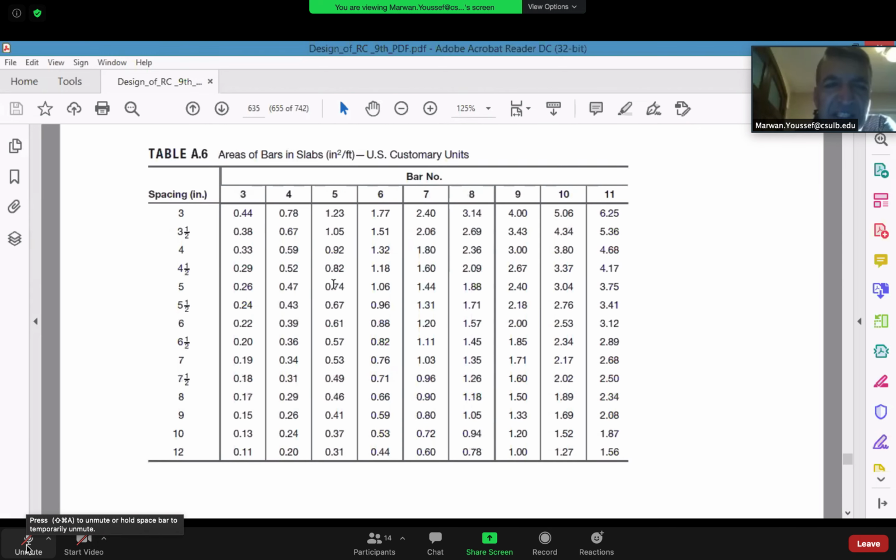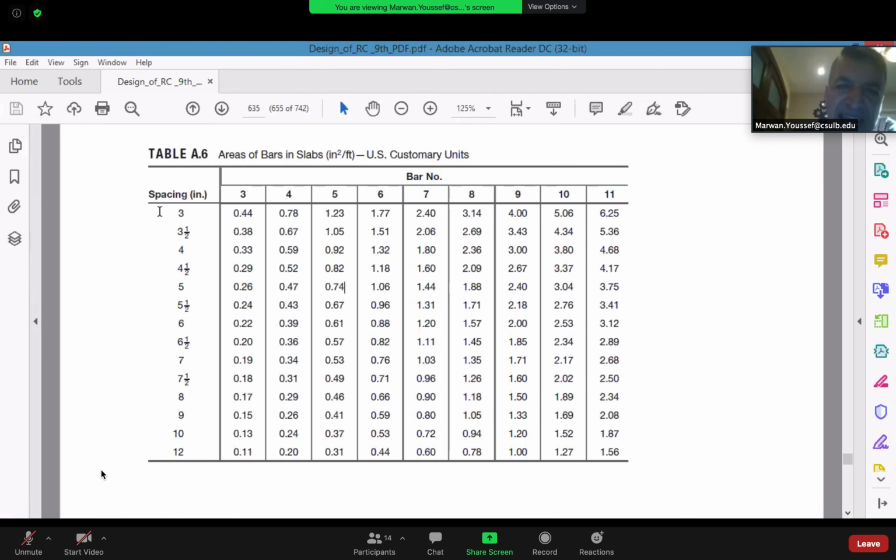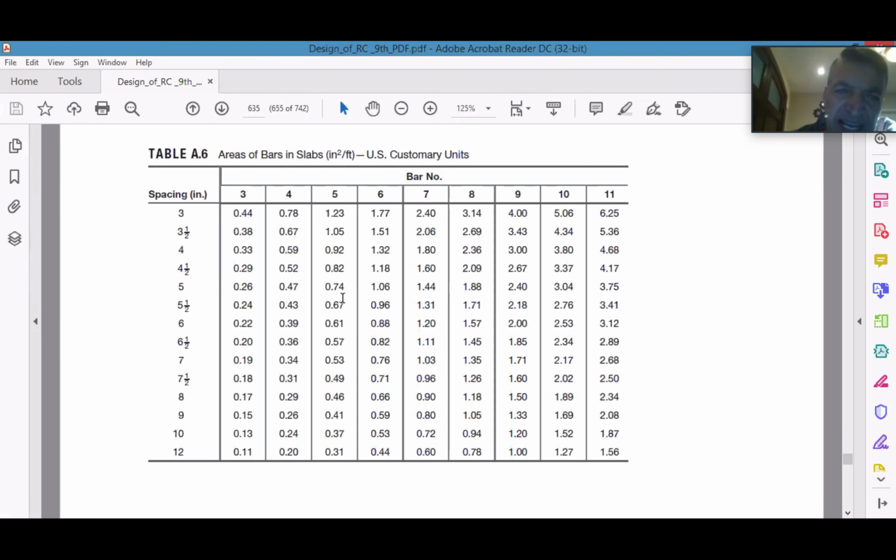Okay, this is also important, the areas of bars in slabs. Next lecture, we're going to cover the one-way slab, how we do the reinforcement. You will see areas of bars in slabs, inches square per foot. We're gonna take a 1 foot strip of the slab and design that, and then once we get the AS, we're gonna come here and pick up.